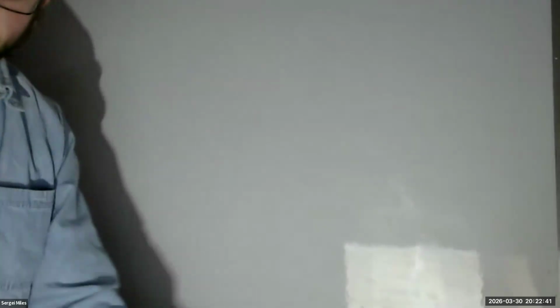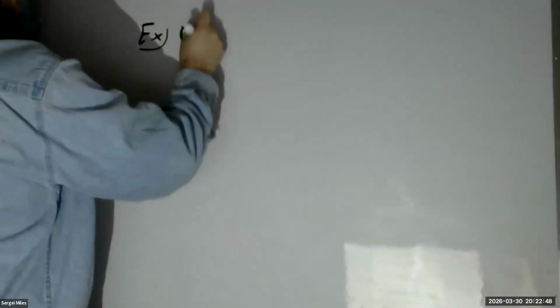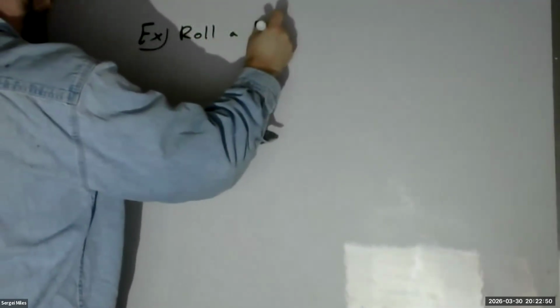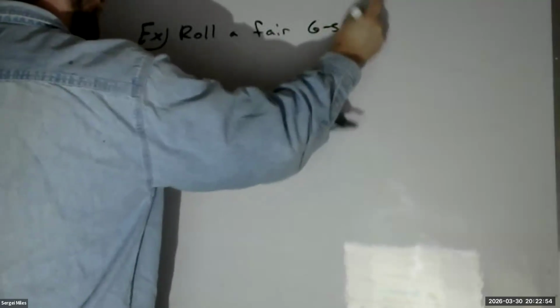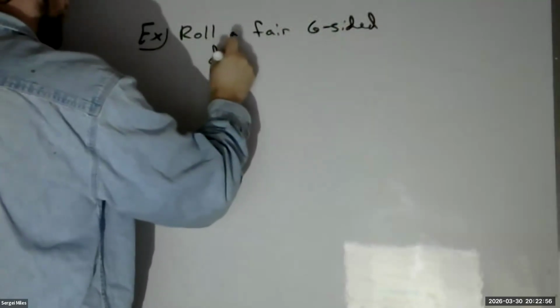So previously we've talked about the dice rolling example, right? If I have a six-sided die and I roll a fair six-sided die.